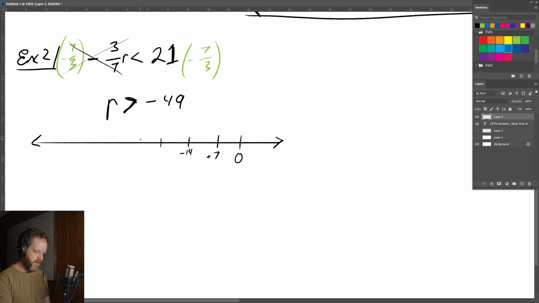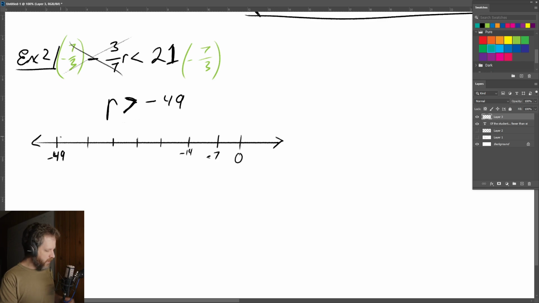Negative 21, negative 28, negative, what comes next? 5 times 7 is 35, negative 35, negative 42, negative 49. Did I count right? Nobody's screaming that I did it wrong, so I guess maybe I got it right for once.